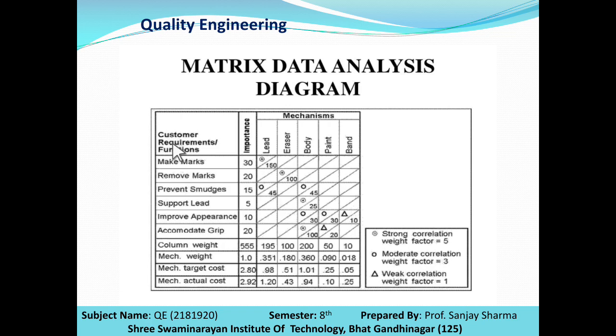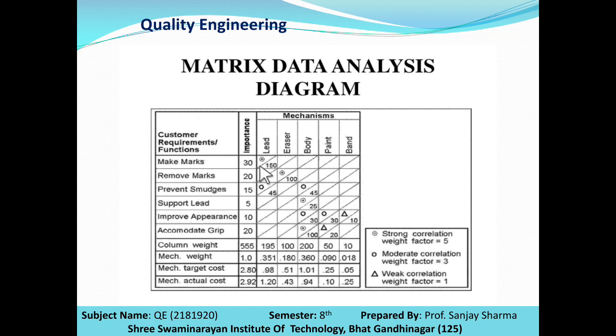Now on the left, the customer requirement functions: make marks, remove marks, prevent smuts, support lead, improve appearance, accommodate grip, column weight, mechanical weight, mechanical targeted cost, and mechanical actual cost. Depending upon the importance, these are the percentage weightages: 30%, 20%, 50%, 5%, 10%, 20%.